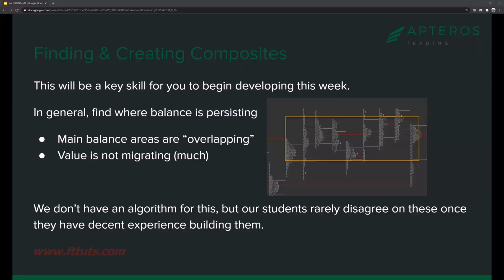I don't have a mathematical formula for you for this, okay? But once you get some experience, if you're like any of our other students, there's a little bit of an art form to it, just a little bit, but they rarely disagree on where CVAs are. So that should give you confidence that this is going to be quite objective.